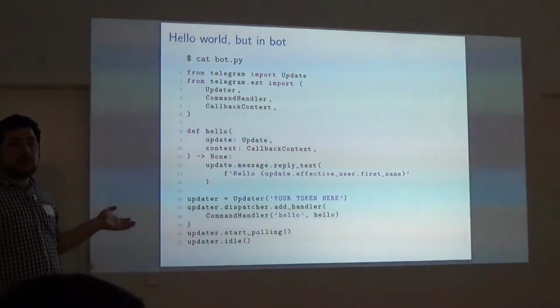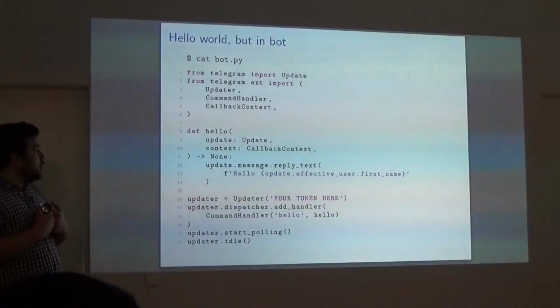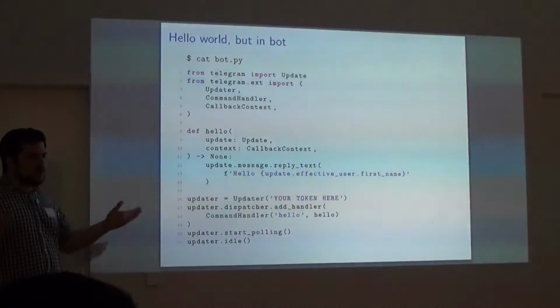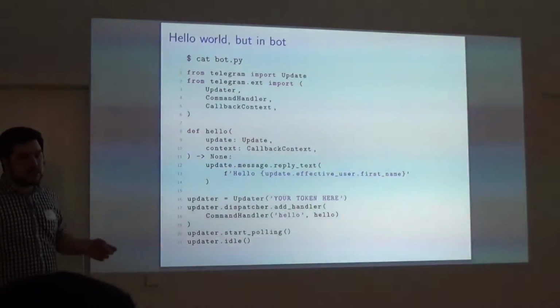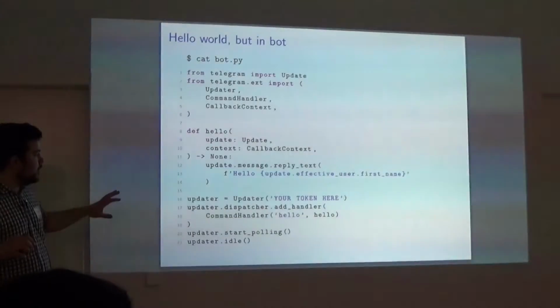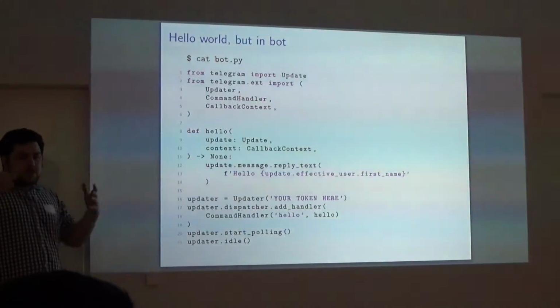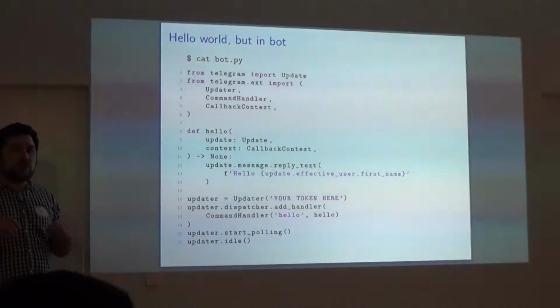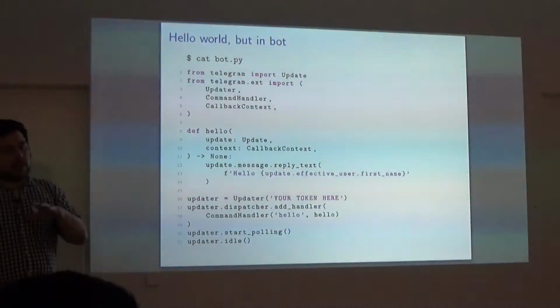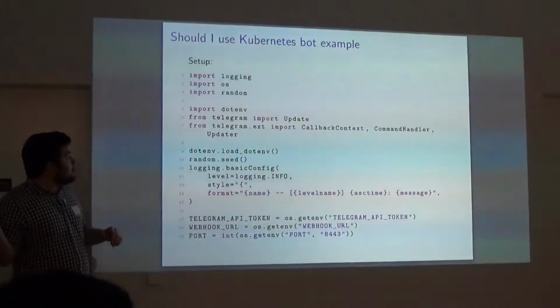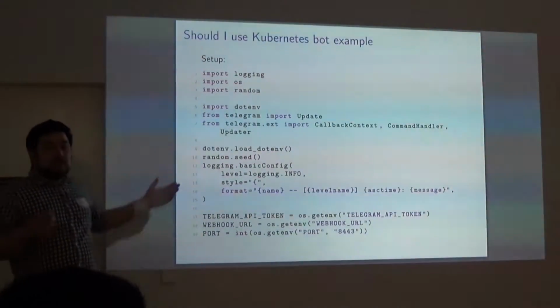And this is mostly it. What my template offers on top of this is some niceties, some logging setup, which I will show you in a bit, and just making it easier for you to set up, in particular in Heroku. And yeah, basically this is it.